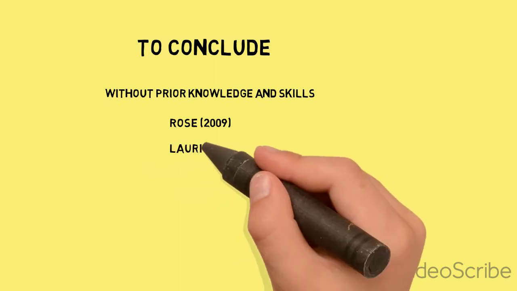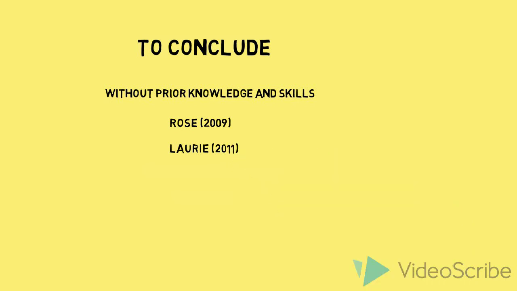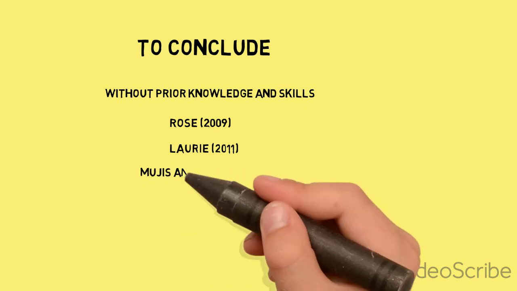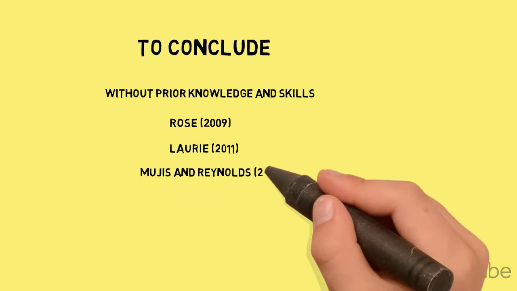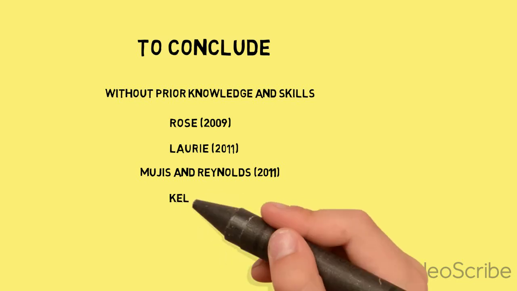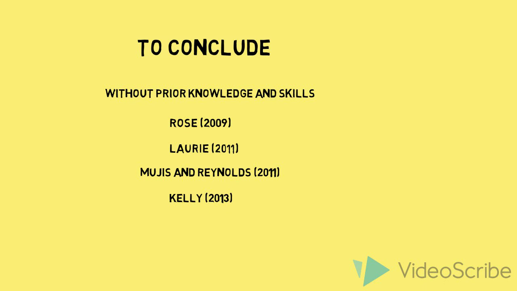As Laurie 2011 suggested, a cross-curricular approach promotes relevance as it reinforces ideas within a context and can improve progression within the two subjects. However, as Mudgis and Reynolds stated, a cross-curricular approach could lead to subjects losing their rigour, and therefore children may not develop the necessary skills to progress. Therefore, as Kelly 2013 stated, it is vital that links between subjects are valuable so that the skills can be adequately planned for.